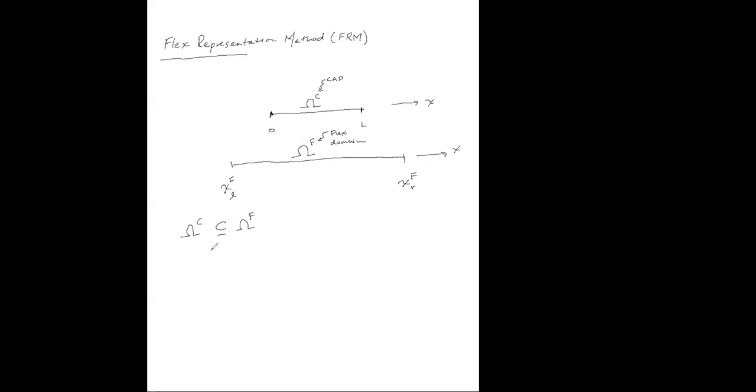So omega F and omega C could be the same domain, right? We could set the left endpoint to 0 and the right endpoint to L. That's one option. Or we could set the left endpoint to 0 and the right endpoint to L plus some epsilon, some value. That's why we use the term flex, because we're going to solve our finite element problem on this domain, but our physical problem is going to be posed over this domain.